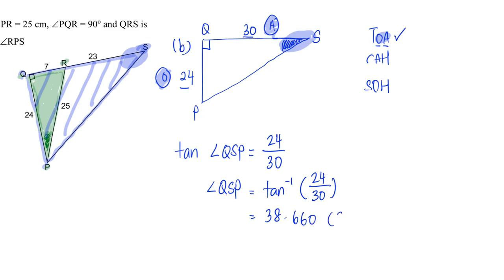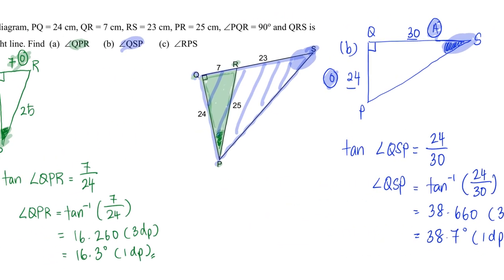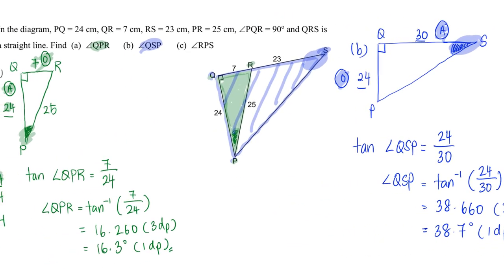And when I round off to 3 decimal places, followed by the final answer to 1 decimal place. That is part B done. Let's take a look at part C, where we will need to find angle RPS. My RPS is this angle here.